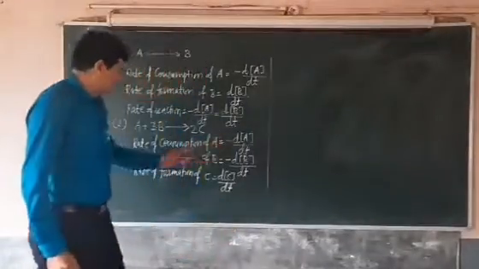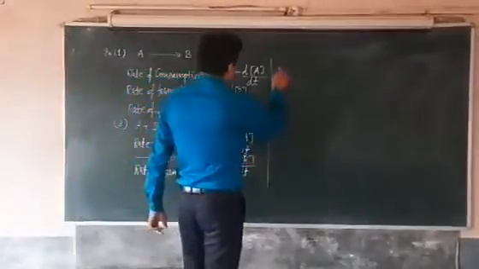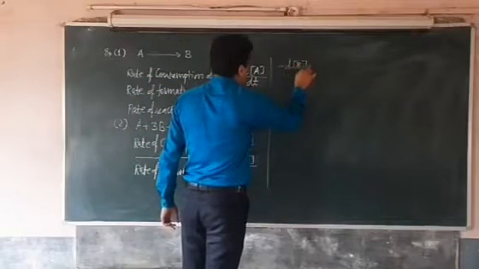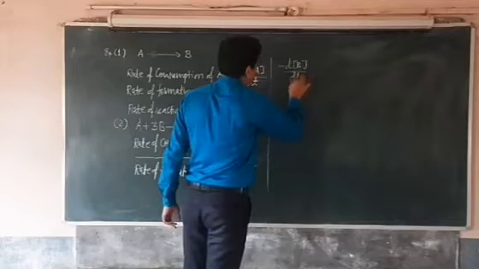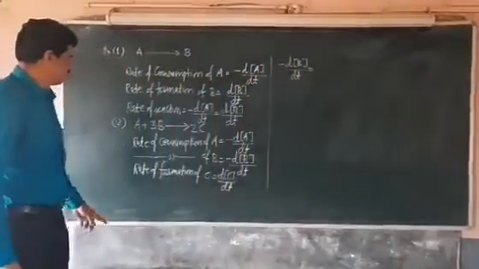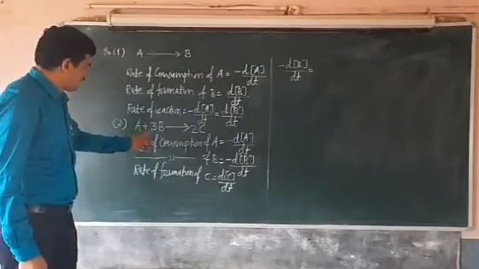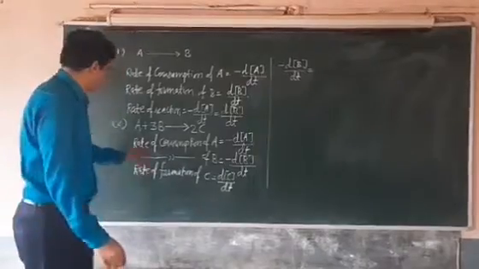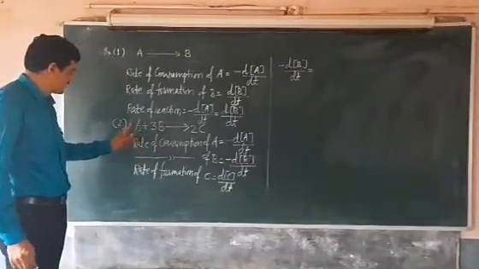we can relate them. Here the rate of consumption of B, that is minus dB by dt, will be equal to 3 times the rate of consumption of A. You can see the stoichiometric coefficients.